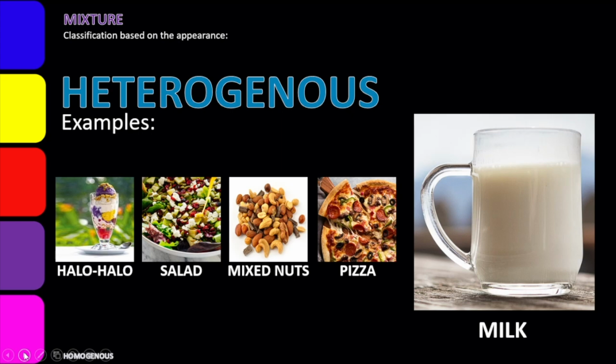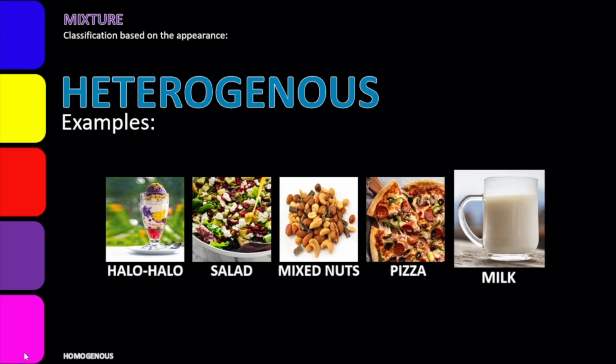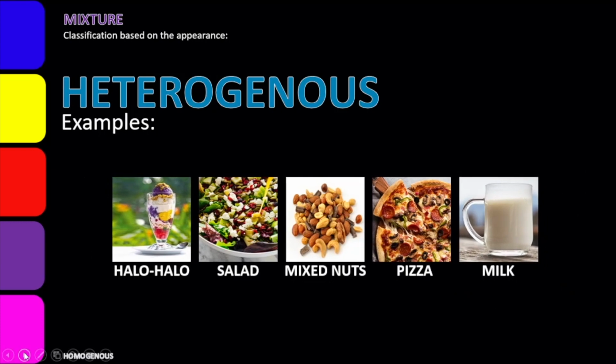Kaya makikita mo pa rin na merong isang part na ganito sa baba at merong isang part sa taas, kung natural ang gatas. Kahit i-research natin siya, milk is considered heterogeneous mixture even though sa mata natin, it looks like a homogeneous mixture. So these are some of the examples of heterogeneous mixture.